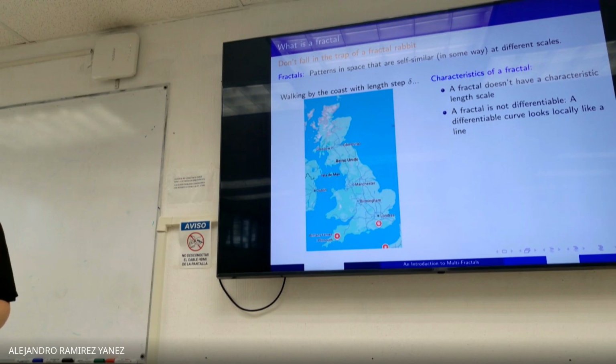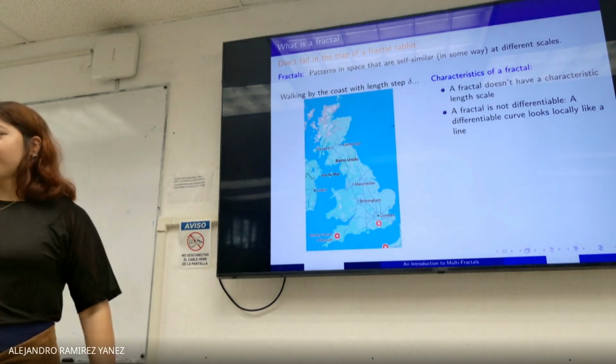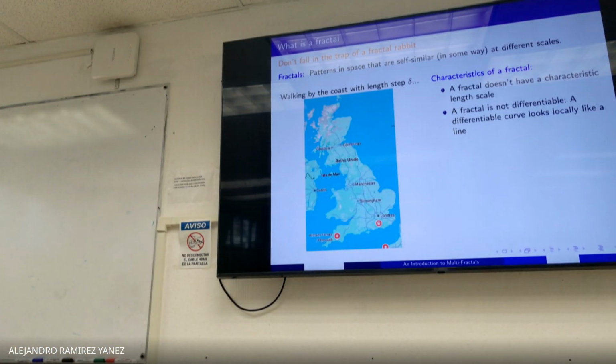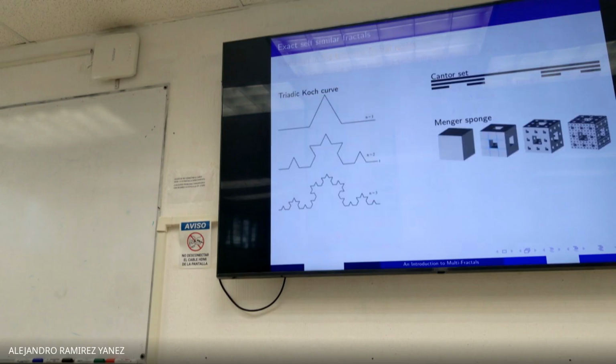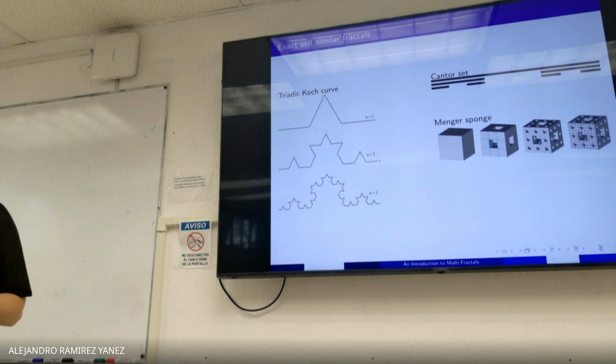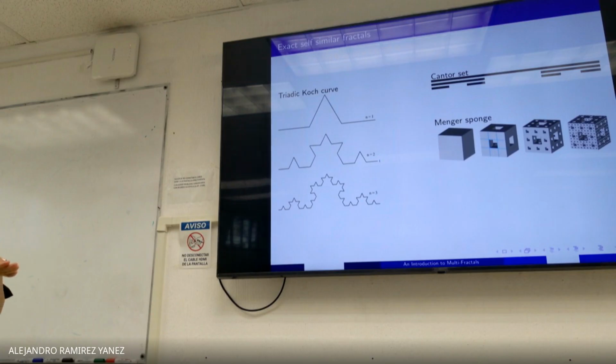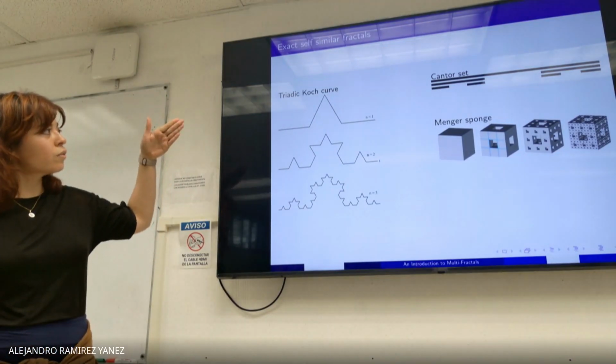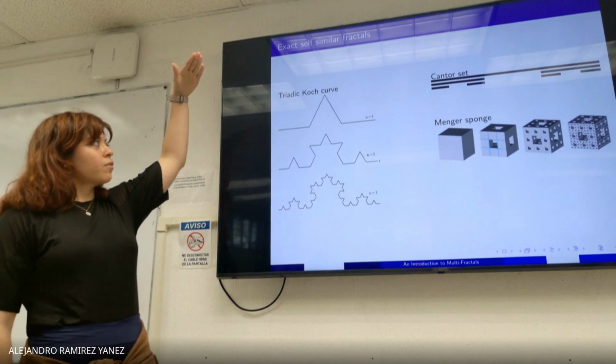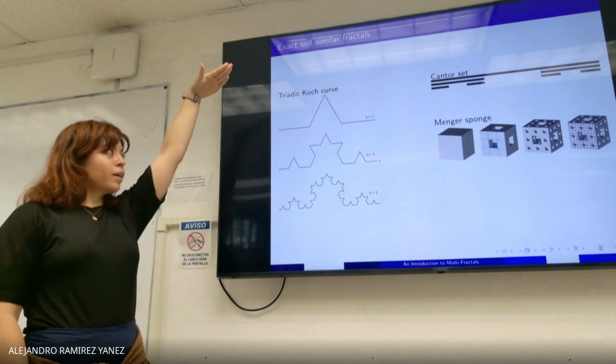Yeah, so we will refine this definition along the talk and say why it is a bit polemic. Now, first, exactly self-similar fractals. We have, for example, the von Koch curve.